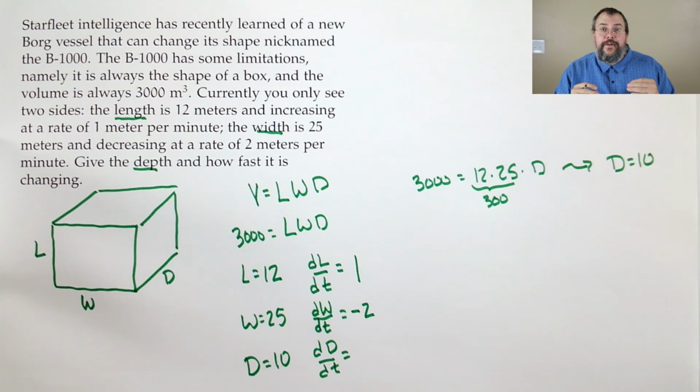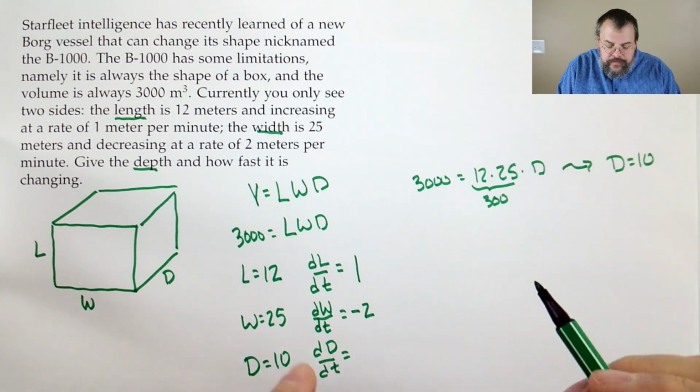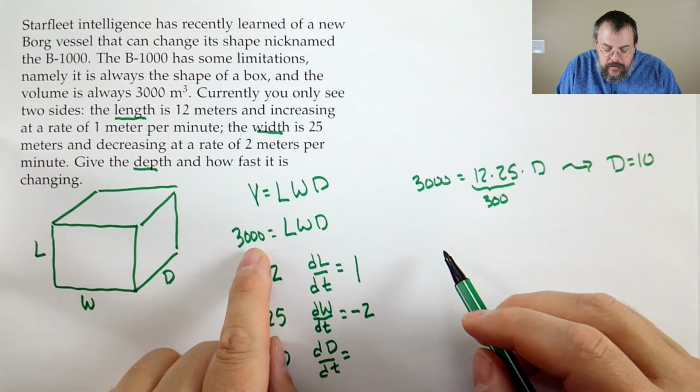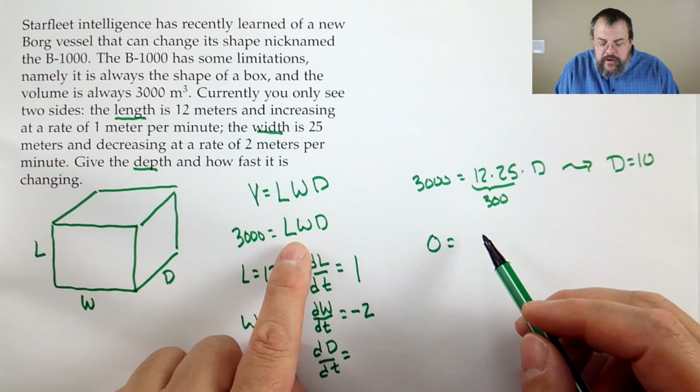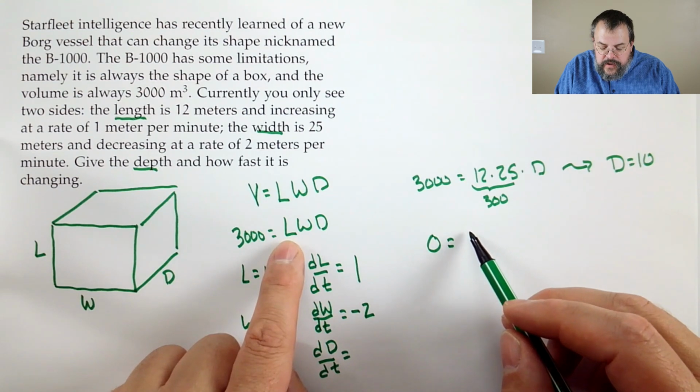And the way that the product rule works when there's multiple pieces is everybody gets a turn. So we say, okay, just this piece changes, and then we hold the others constant. Then it's just this piece changes, hold the others constant. And then just this one changes and hold the others constant. So, taking our derivatives. Don't forget the derivative of 3,000. That's going to be 0. Equals, now we take the derivative of the first term.